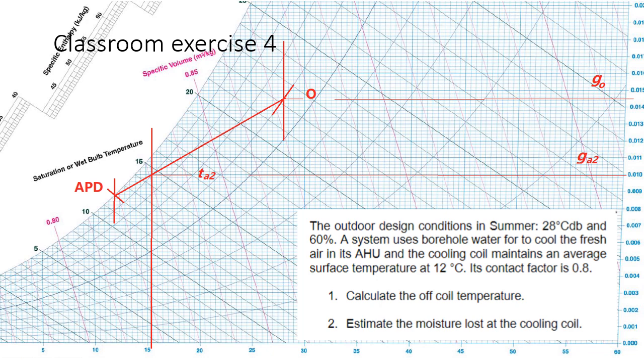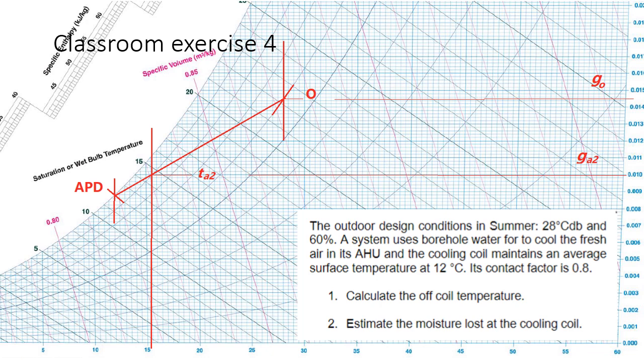And if you like, you can read this. Wet bulb temperature is 14.5 Celsius, dry bulb, right? So you take the air to the cool surface, and the out air will be on this line. If the contact factor is very, very large, very close to 1, this off coil will be close to this point.